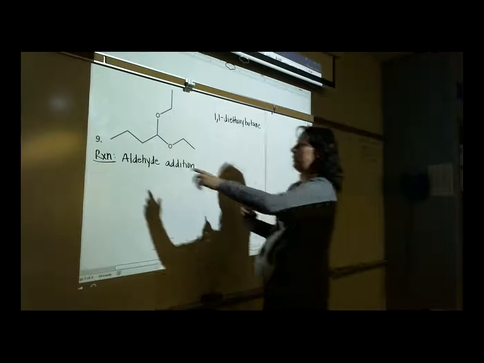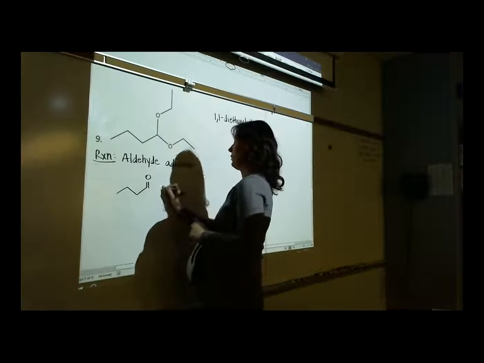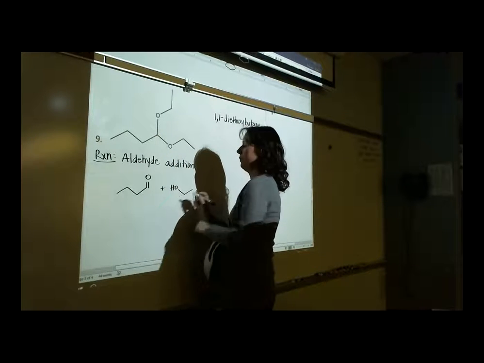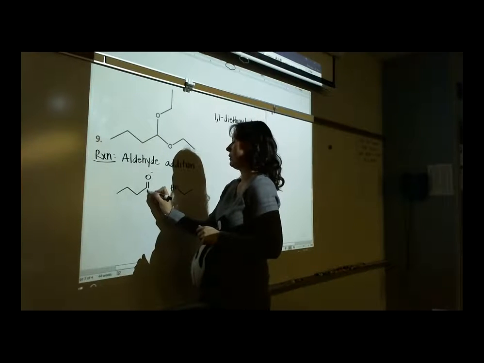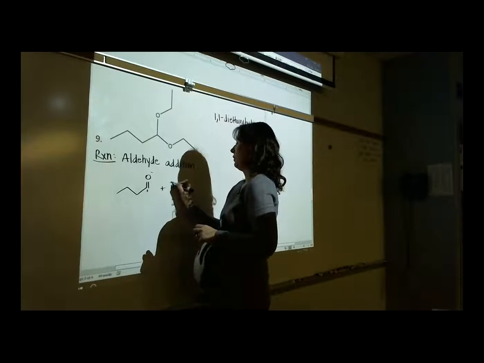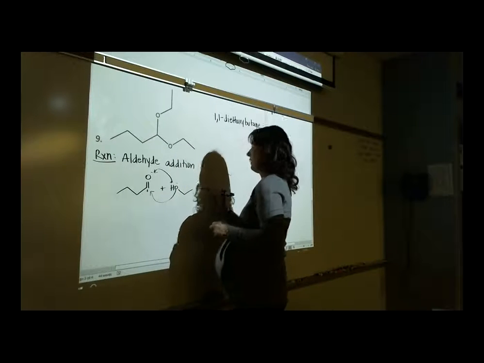So the aldehyde here, 1, 2, 3, 4. There's my aldehyde, 1, 2, 3, 4. And the alcohol that I'm reacting this with is ethanol, 1, 2. Remember, this is the negative part, this is the positive part. So this goes here, this goes here.